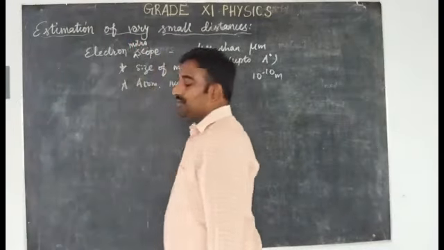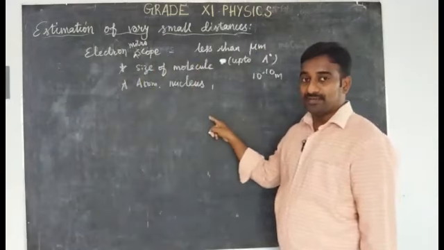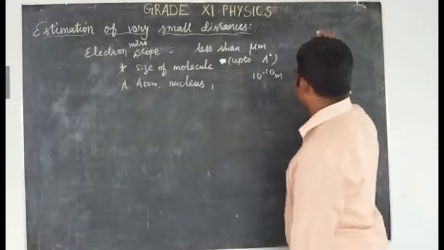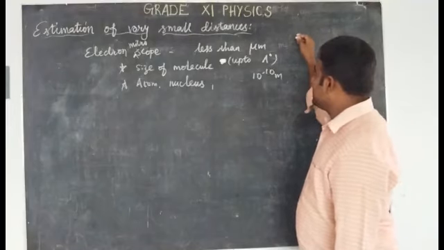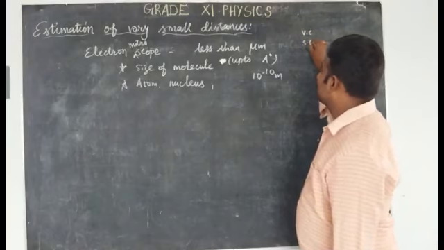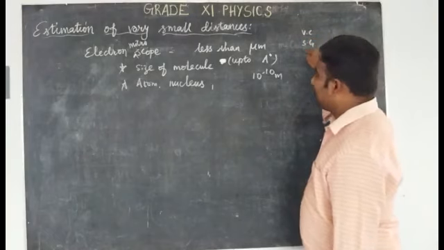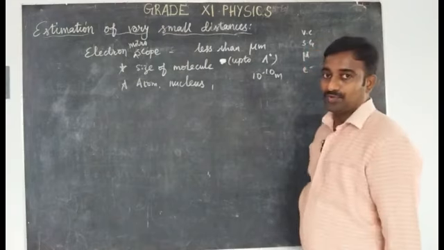Okay. So compared to the optical microscope, the electron microscope has greater accuracy. The first two things we saw: meter scale, which has some limitations, and then vernier caliper. After vernier caliper, the greater accuracy is screw gauge or spherometer. After that, microscope. After microscope, electron microscope.